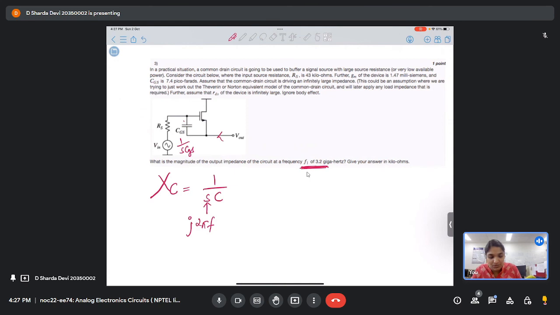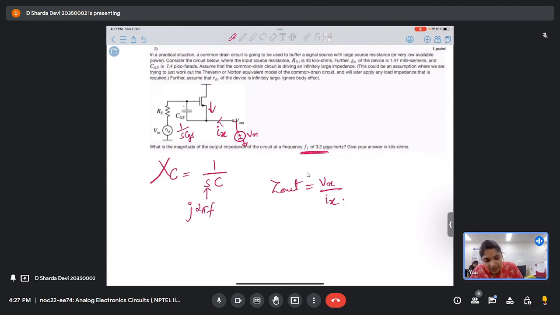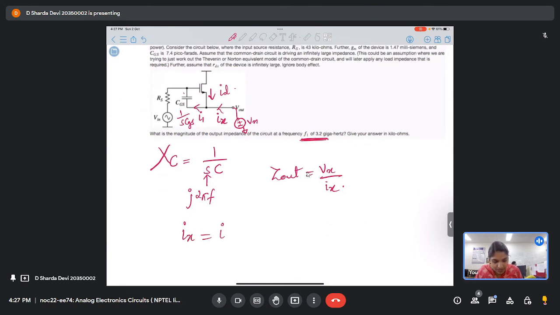So output impedance, how do we find it? Let's say a current Ix comes from here, and a voltage Vx is being applied. So your Zout will actually be Vx by Ix, right? Is this clear? Yes, ma'am. So you're getting one current ID, and let's say another current is I1 over here. If I want to write Ix, can I write Ix as I1 minus ID? ID's direction is downward, so minus ID will be upward, right?